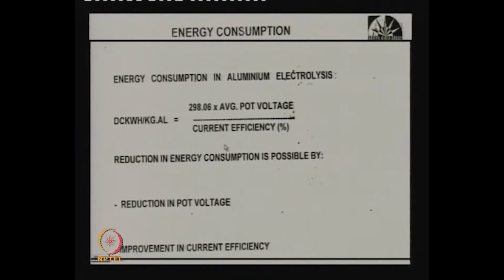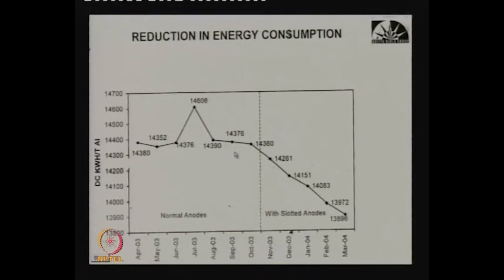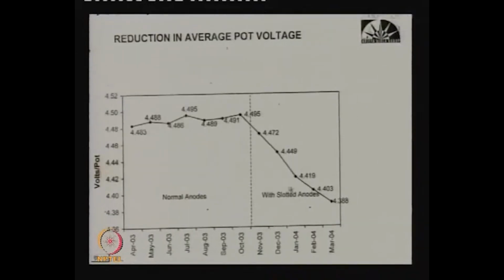Then there was an analysis of energy consumption, what we can do to bring it down, but companies definitely are trying. That is why the energy consumption is slowly going down, mostly because of the average pot voltage is going down.